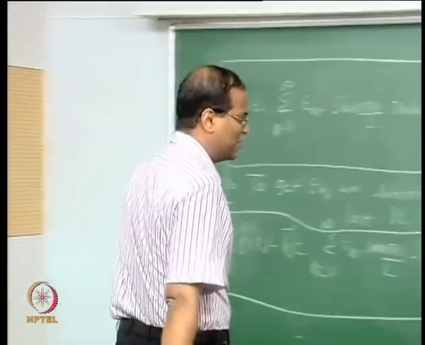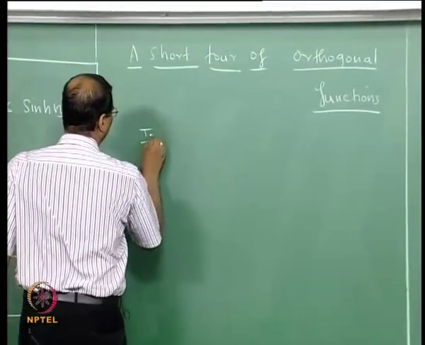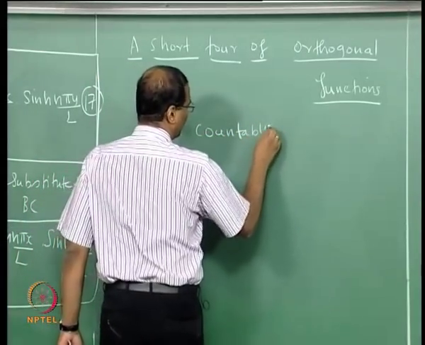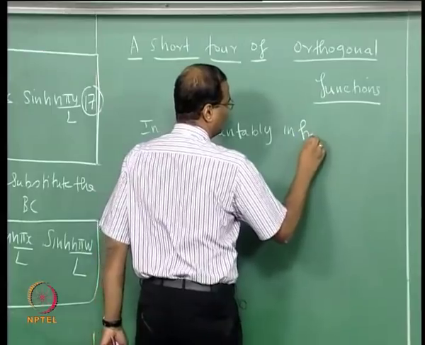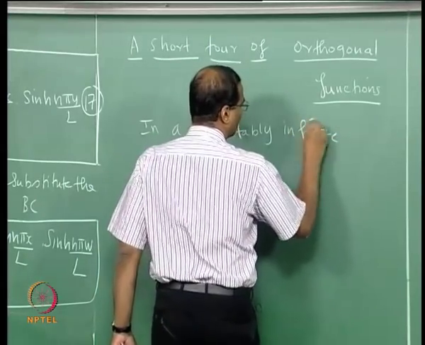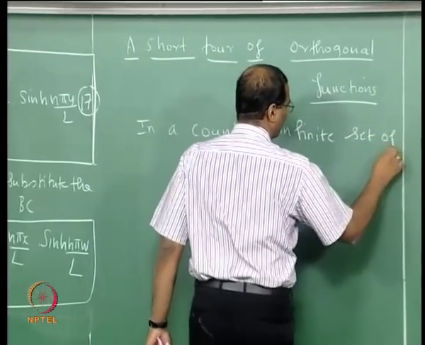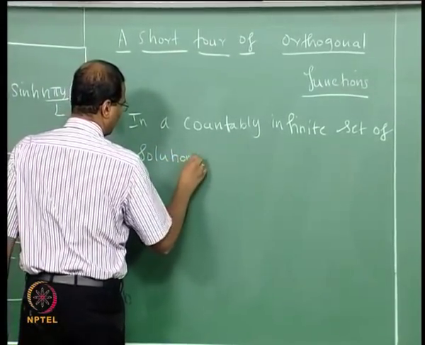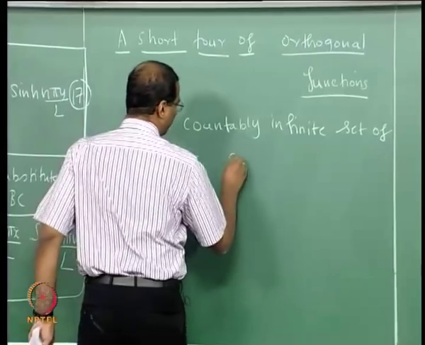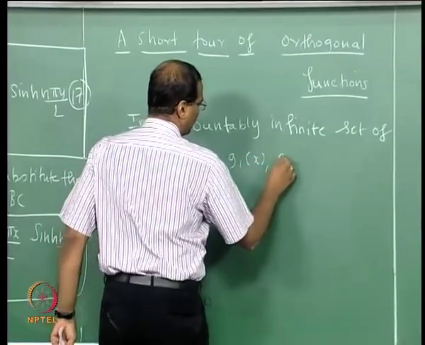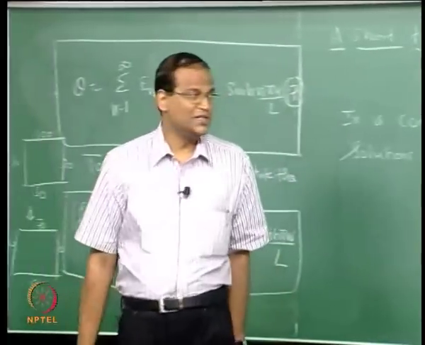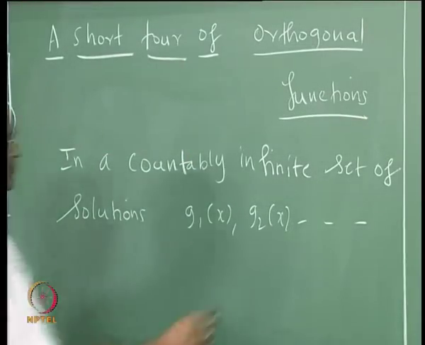So in a countably infinite set of functions, that is the way the mathematicians call it, solutions G1 of x, Gm of x and Gn of x.